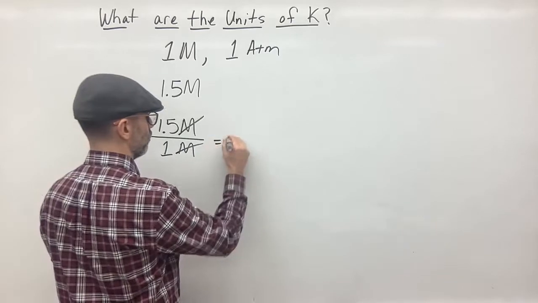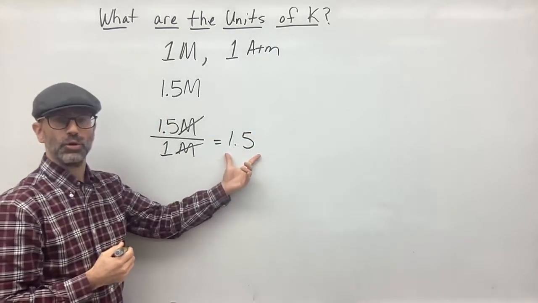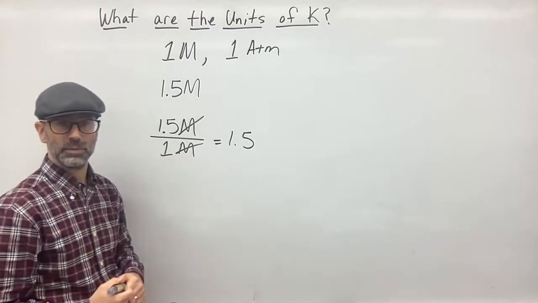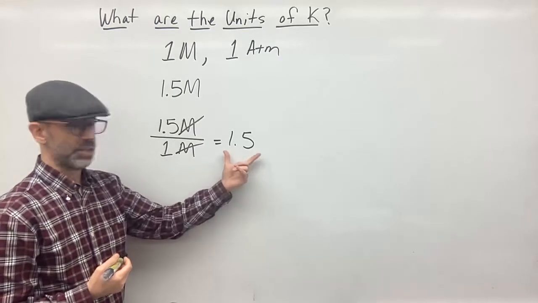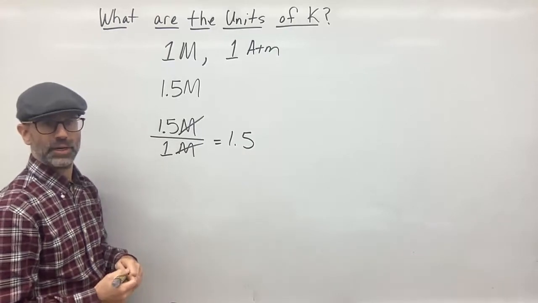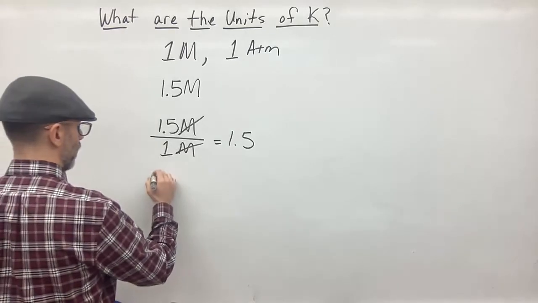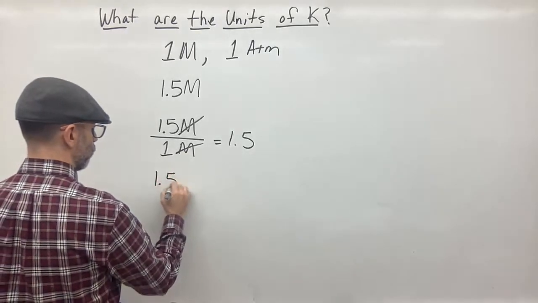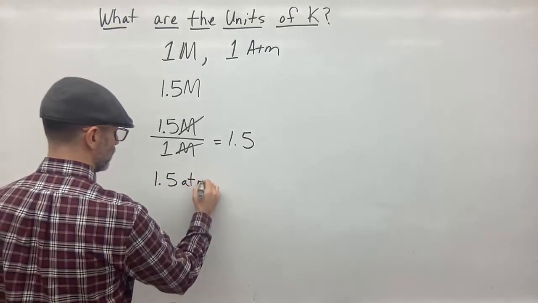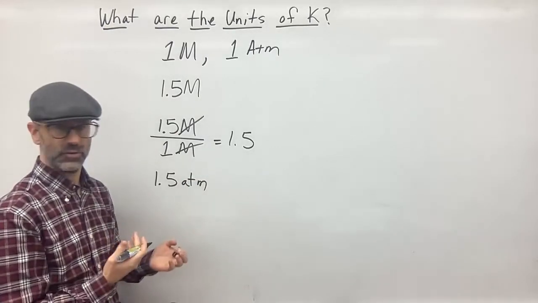So this becomes 1.5. That would be what you put into the expression for that particular substance, whether it's a reactant or product. If it's a pressure, let's say instead of 1.5 molar, it's 1.5 atmospheres, the measurement of one of your reactants or products.